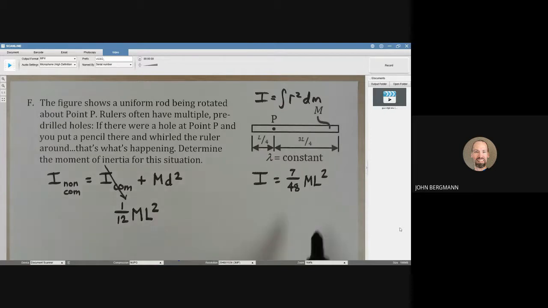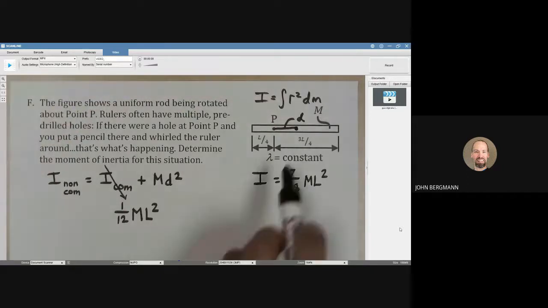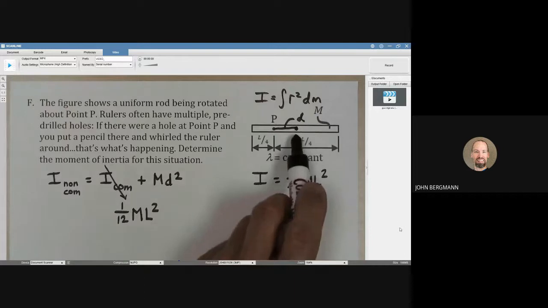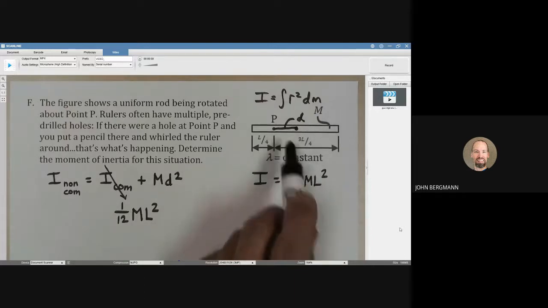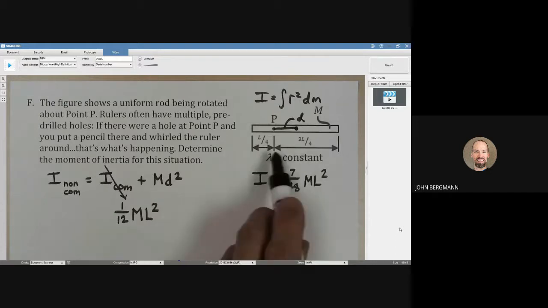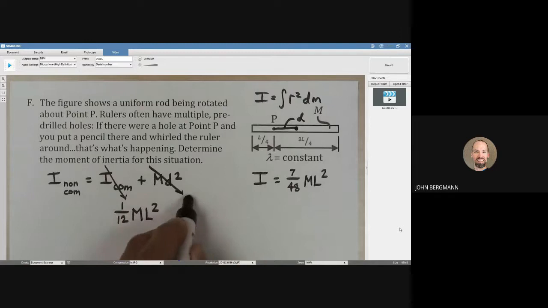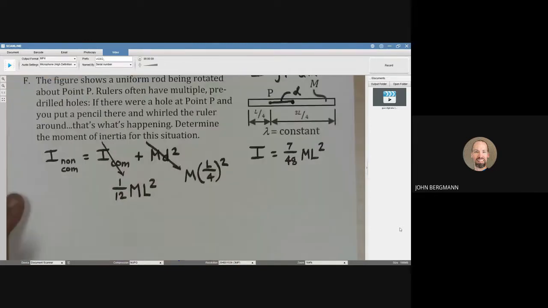And in this case, the center of mass obviously is right there, and this distance right there, that's d. Because there's the center of mass axis, and here's our new axis. So that's d right there, which in this case is L/4. So that means that this term here becomes m (L/4) squared. All right, well, what does this come out to then?